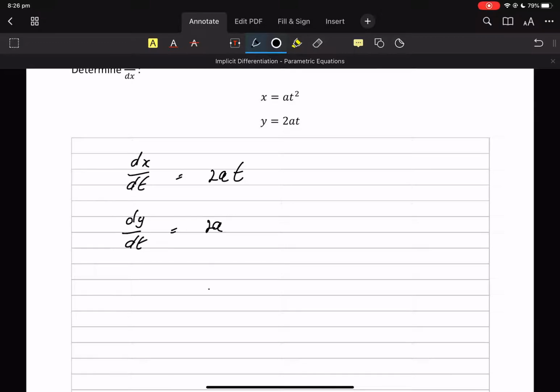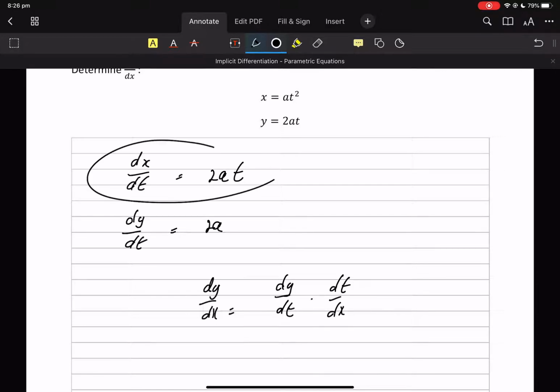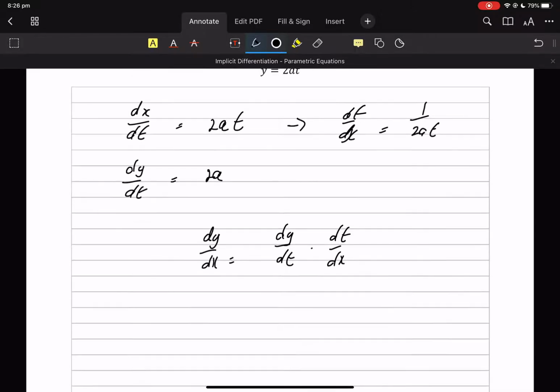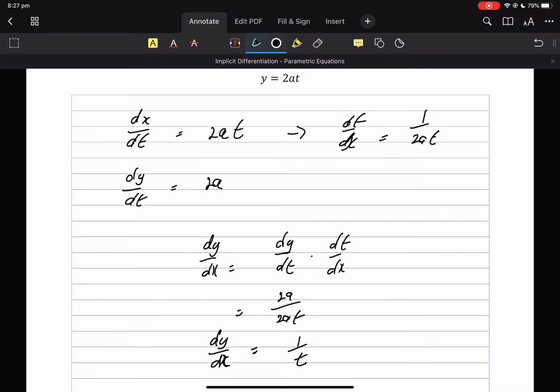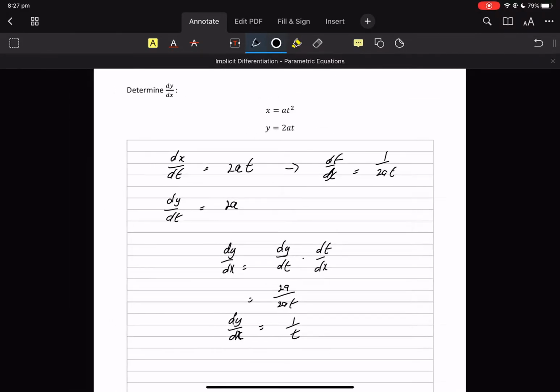And we know dy/dx will be, so we want to flip this around. We want to get it as dt/dx is 1 on. So it's simple substitution now. So it's 2a on 2at. So there's our dy/dx. There you go.